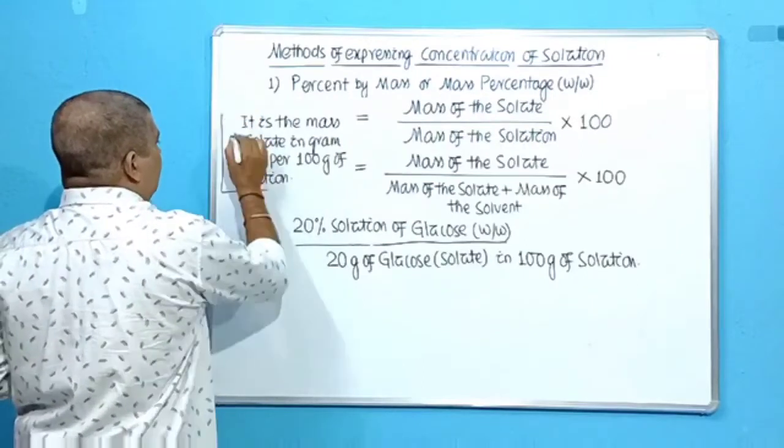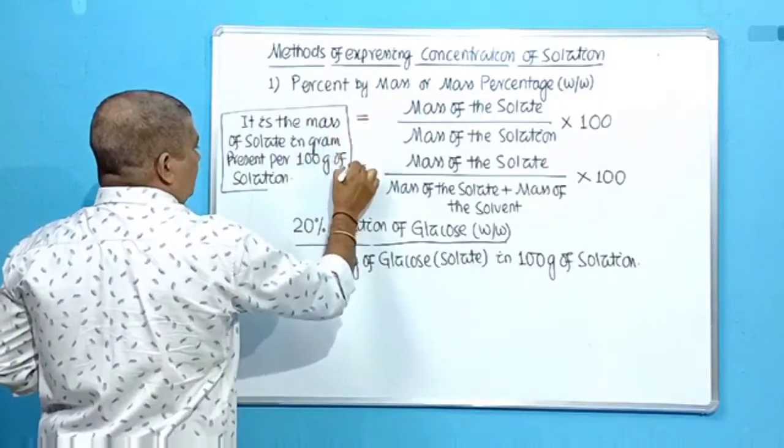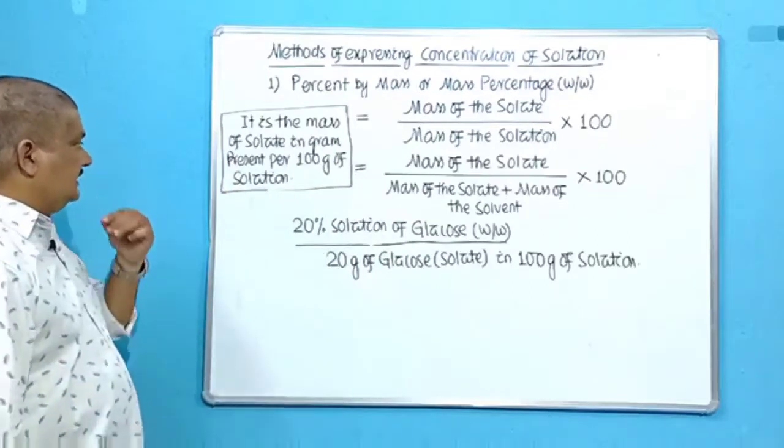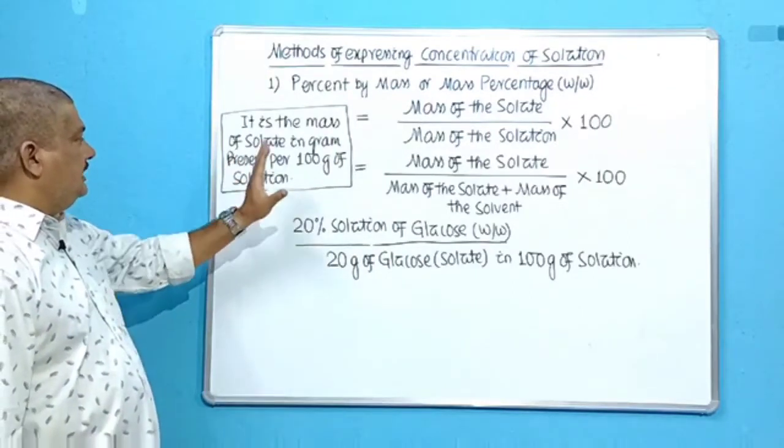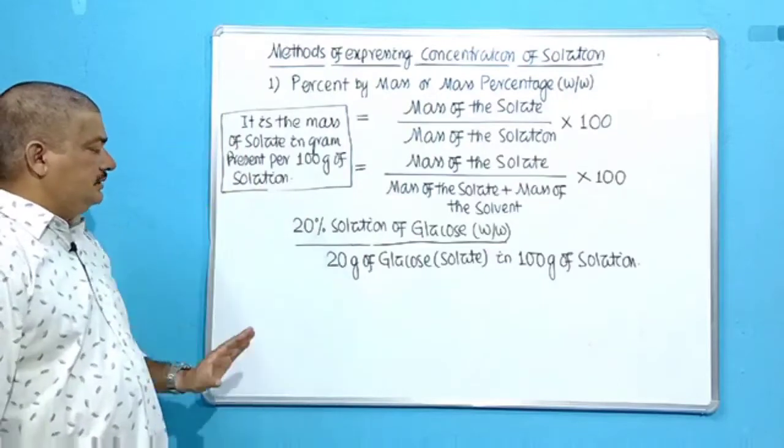So this is the definition of mass percentage. The mass of solute in grams present for 100 gram of solution.